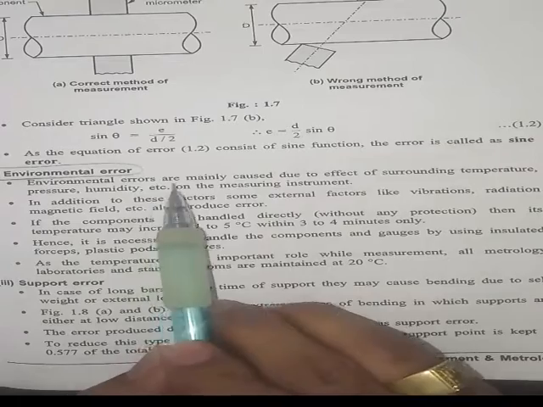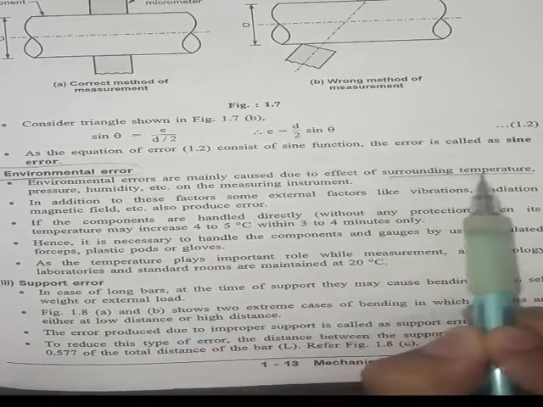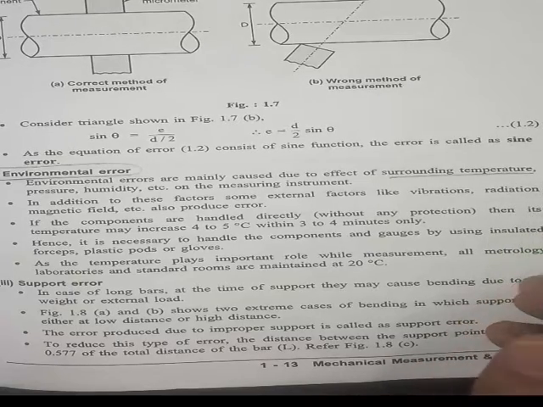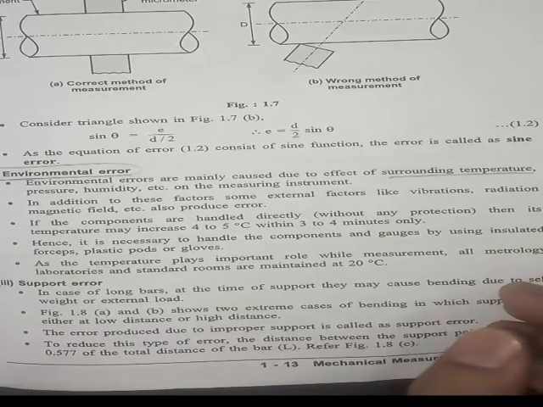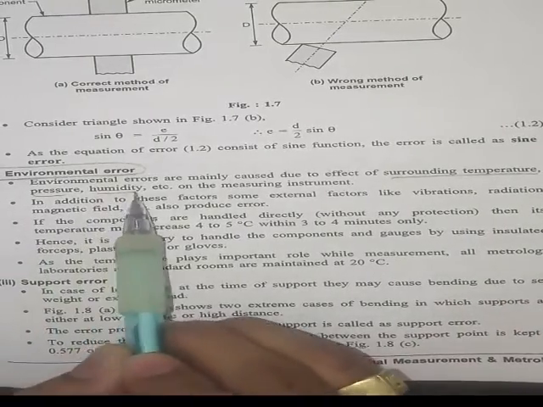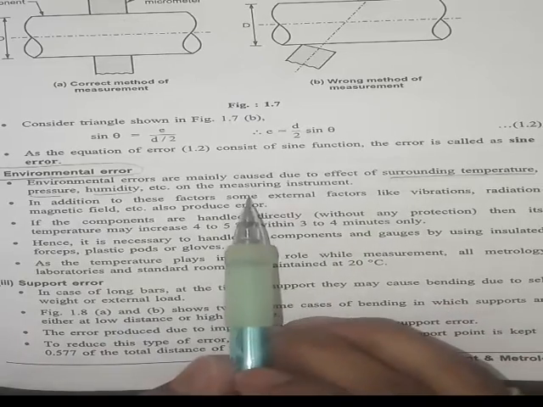Environmental error is mainly caused due to the effect of surrounding temperature. Okay, if the measuring instrument is in a boiler, then it is at a very high temperature, right? Because of too much high temperature, pressure, and humidity, these are the factors which affect the error.